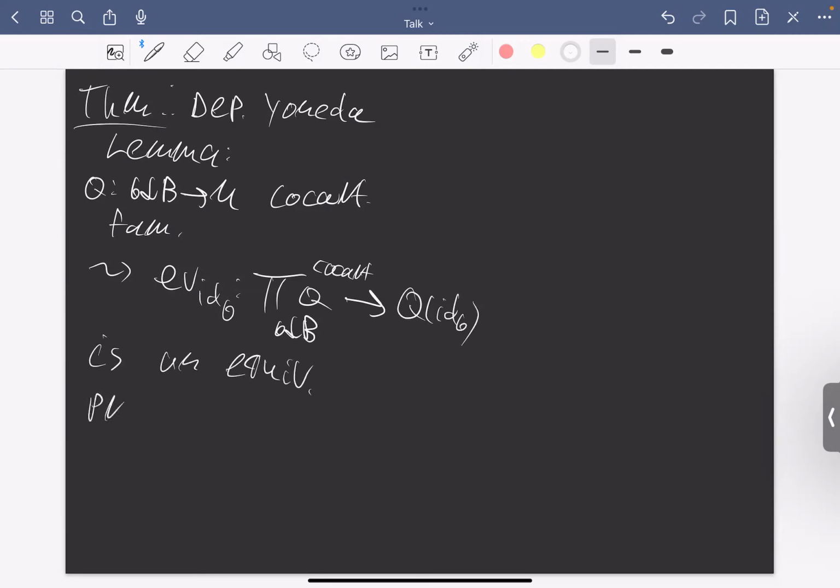And it's a corollary of the previous proposition, because the identity is initial in the co-slice.